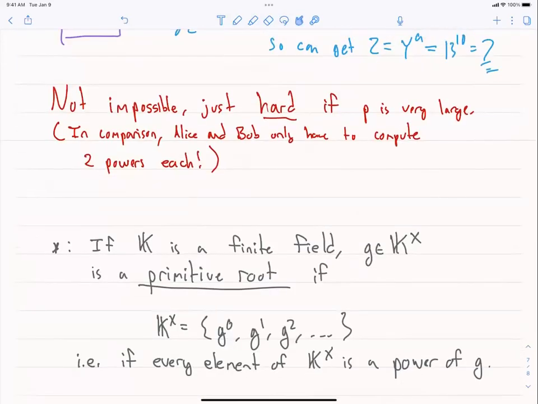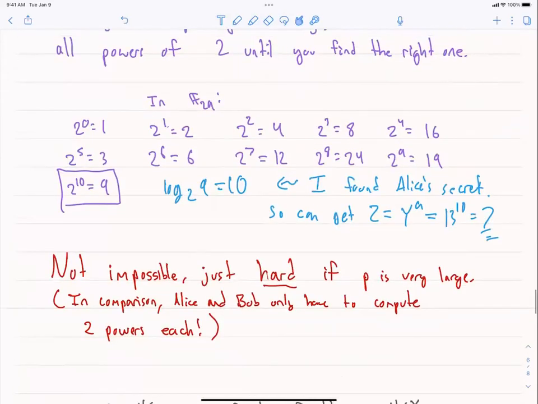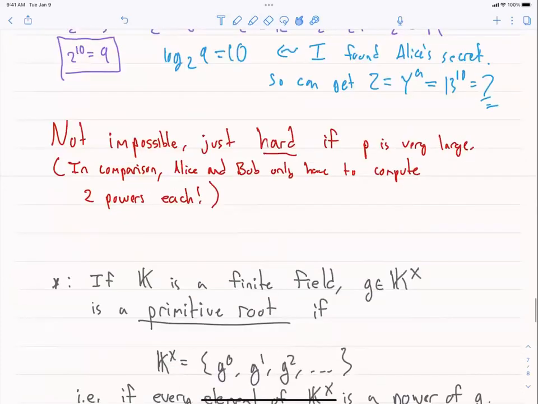I want it to be hard to list out all of the powers of 2 mod 29. But there are certain choices of elements in F29 cross where it's not hard to list out all the powers. For example, it's not hard to list out all of the powers of 1. It'd be bad if you chose G to be 1.